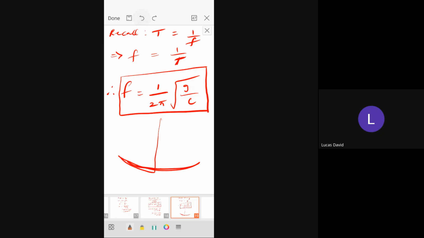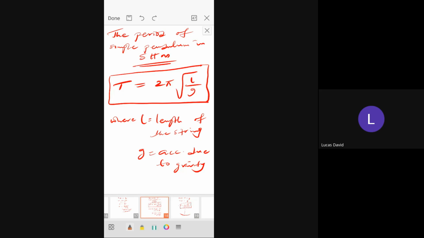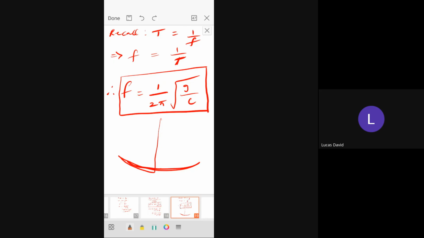Do you understand that? The shorter the length of the string, the shorter the period, but the higher the frequency. That's exactly what I'm trying to say. So take note of that.